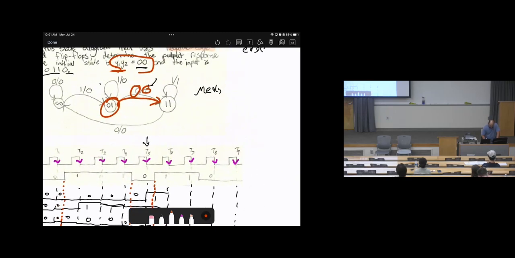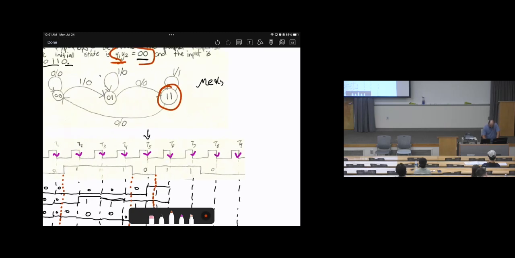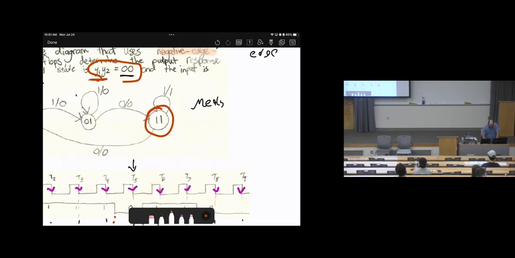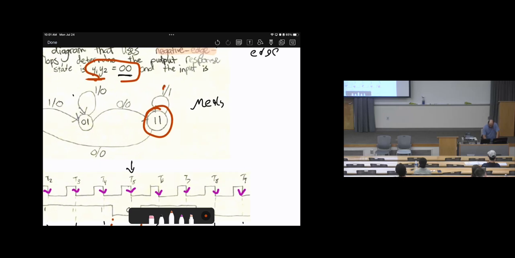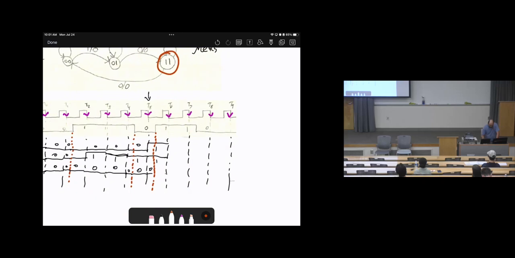So our state currently is 1, 1. When we are in this state, if the input is 1, the output will be 1. So here, at the mid-cycle change, the output will go to 1.